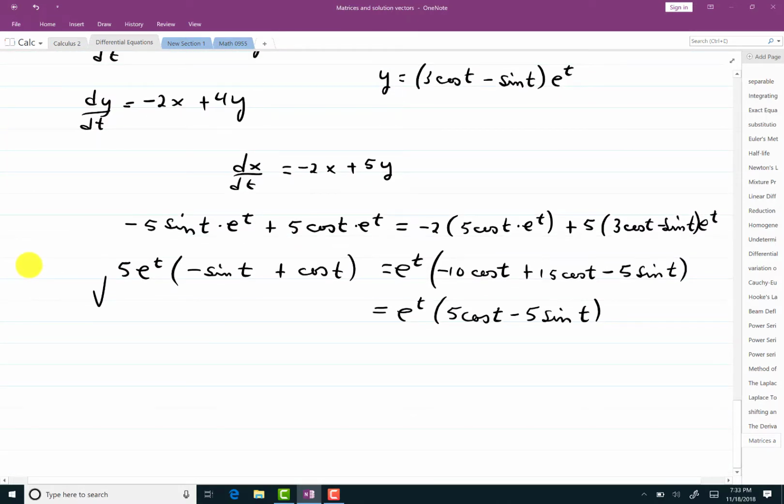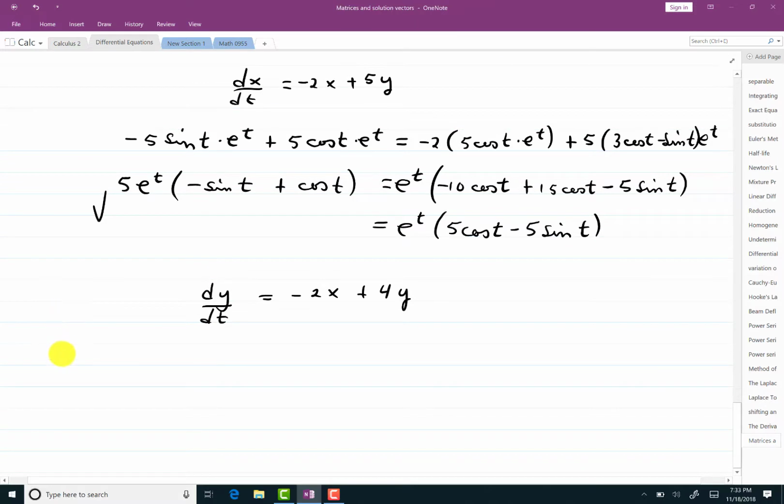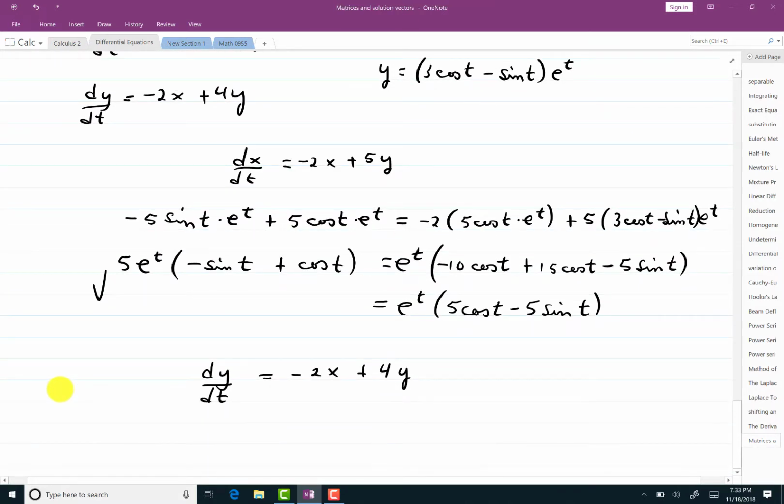Here we have dy over dt is supposed to equal negative 2x plus 4y. So let me get my derivative for y. Same thing, it's a product rule as before.